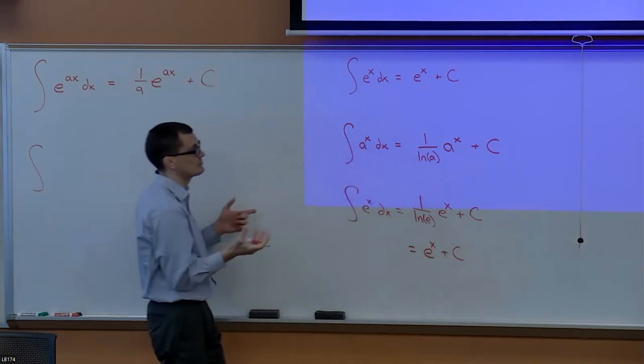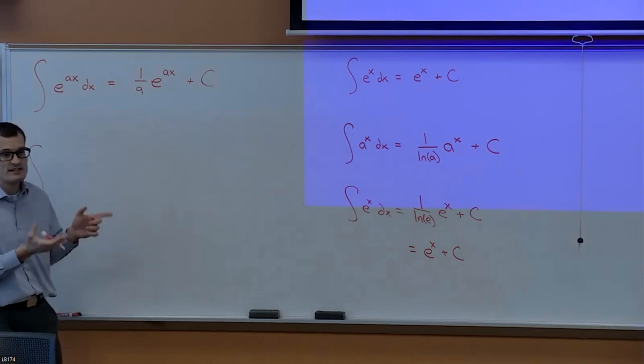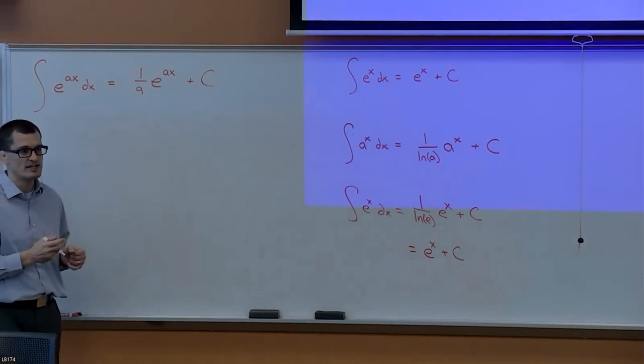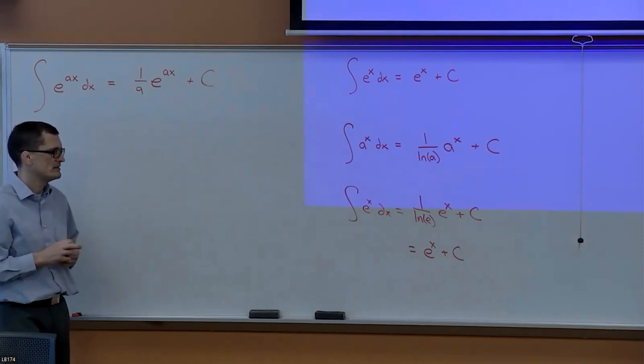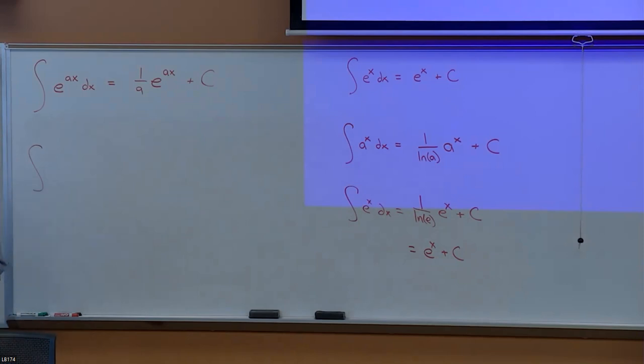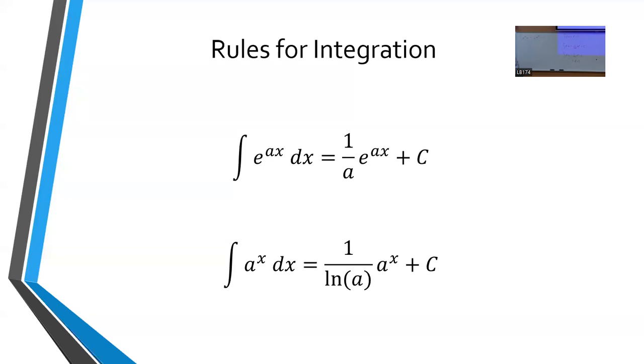So those two rules are the same when you get base e. That's why base e is like a really nice base to work with these exponential functions. All right. So that's just another rule. I wanted to explain why that was up there on the board.